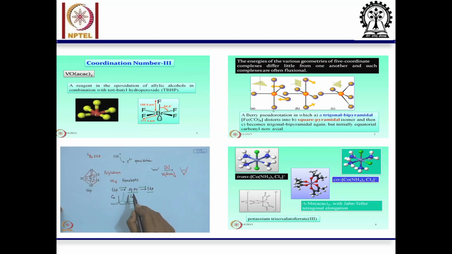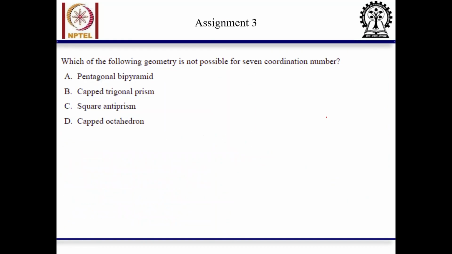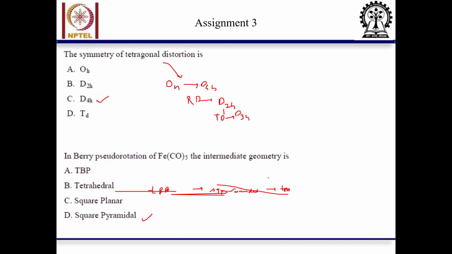Because once you move these two in that direction, this is the z direction, and 1, 2, 3 will be the equatorial positions. So it starts from TBP to TBP through a square pyramidal intermediate. Okay, so this is the correct answer for Berry pseudo-rotation.